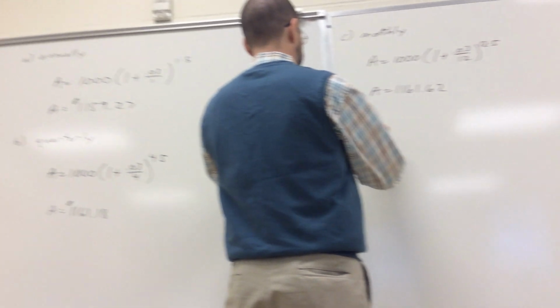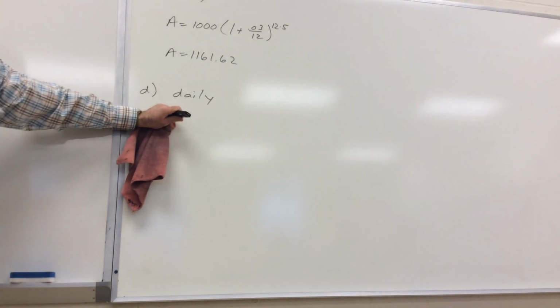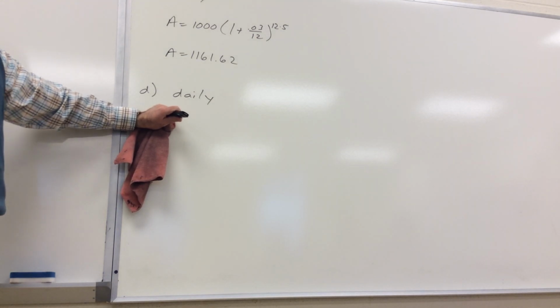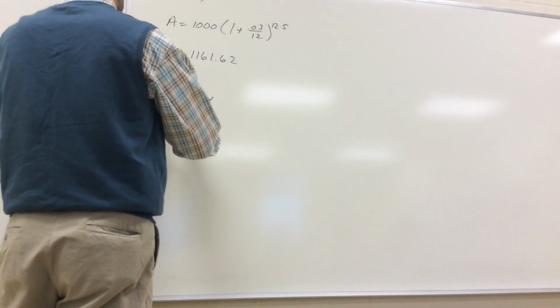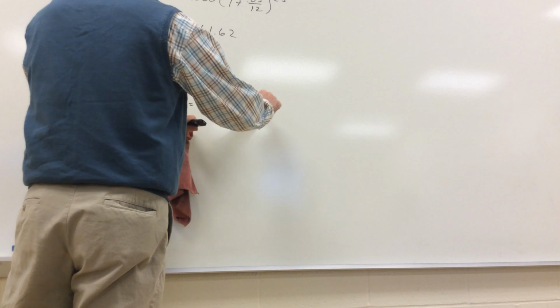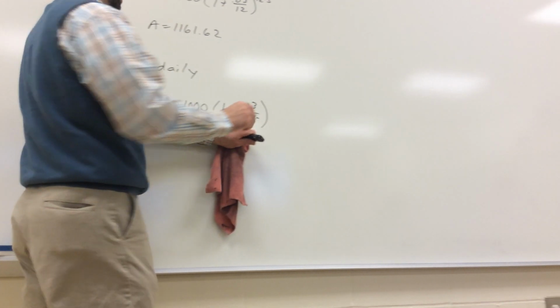Okay, so now I'm going to go to daily. And we're going to pretend that leap years don't exist, because in a 5-year period, there's maybe 1 leap year, maybe 2 leap years. So it's hard to figure out. So anyway, we're just going to pretend that all of the 5 years have 365 days. So that's 365 days a year. So that means that it's compounded, they give you money 365 times every year. So the N is going to be 365.